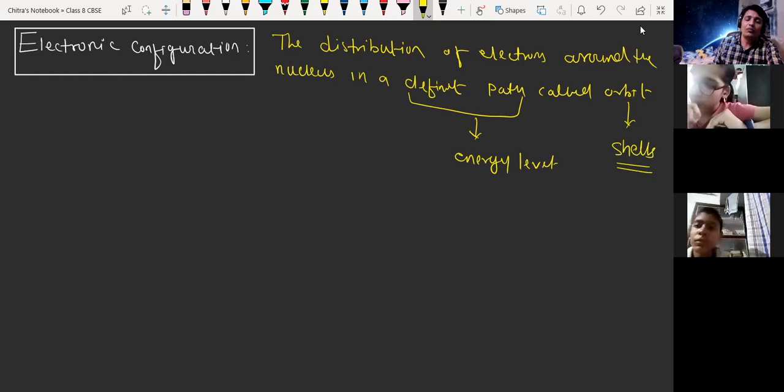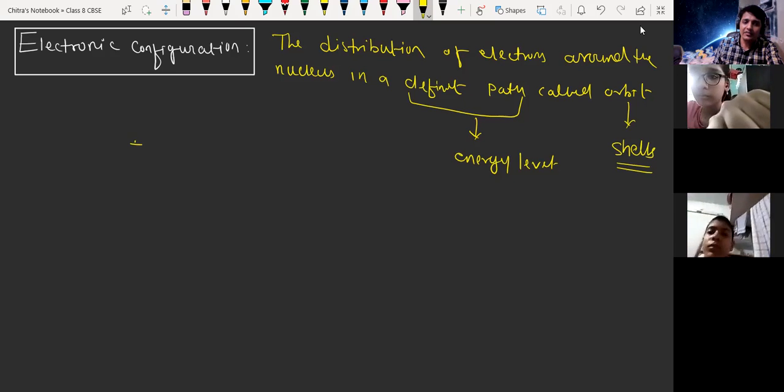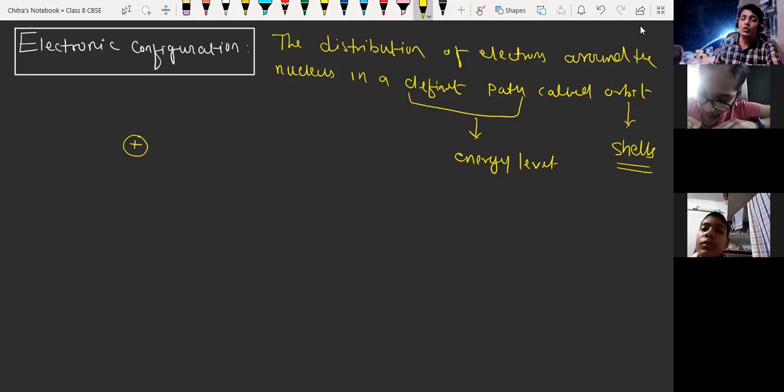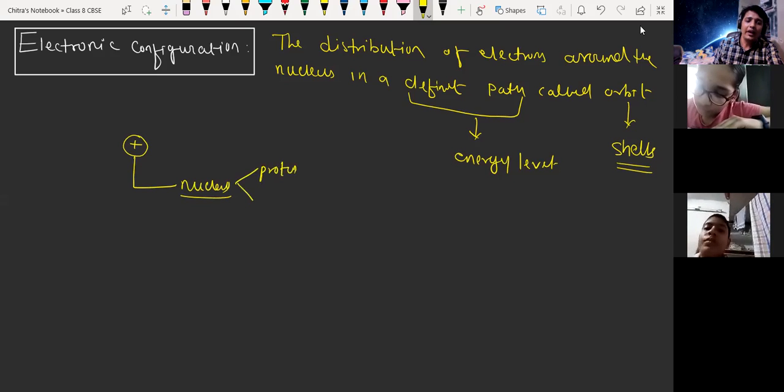So first we have to discuss how we are going to fill the electrons in different shells. Suppose we have an atom and it contains the center, which is the positively charged center called the nucleus. Inside the nucleus, protons and neutrons are present.